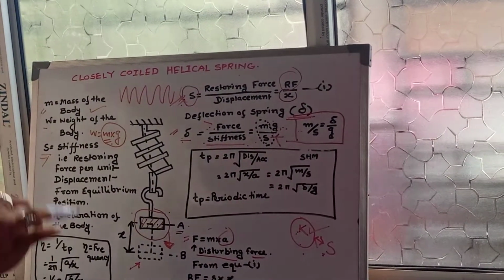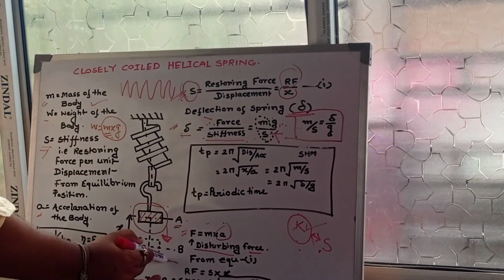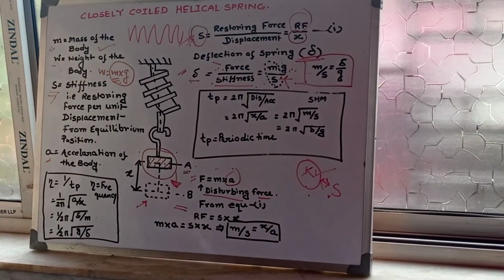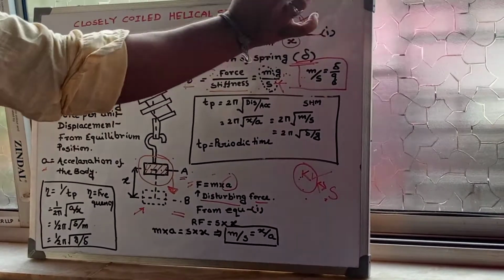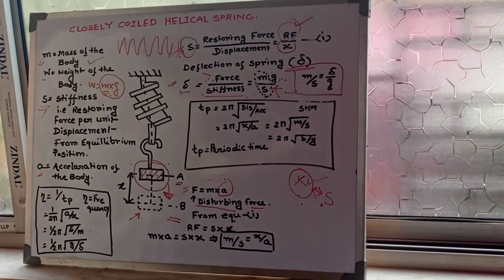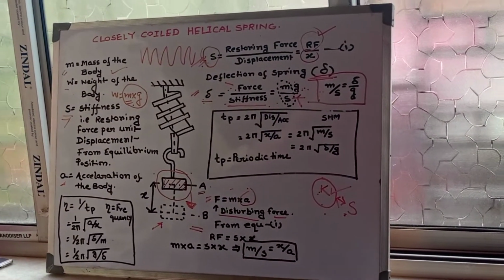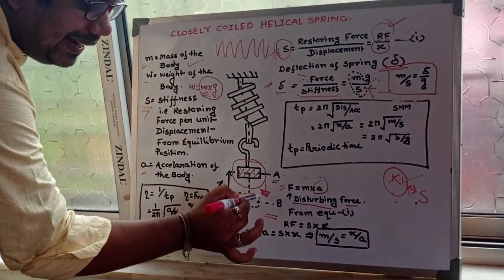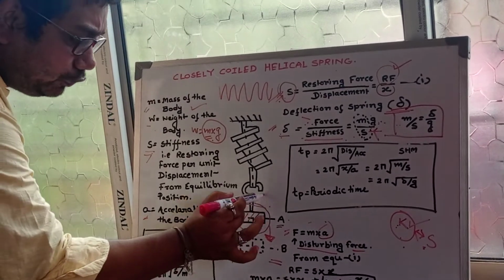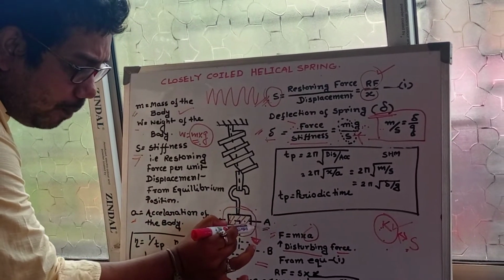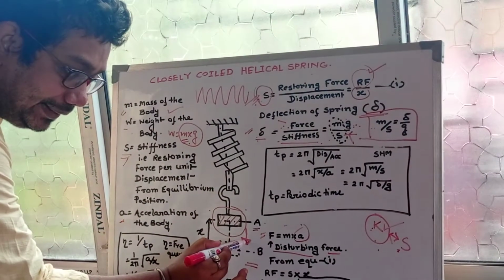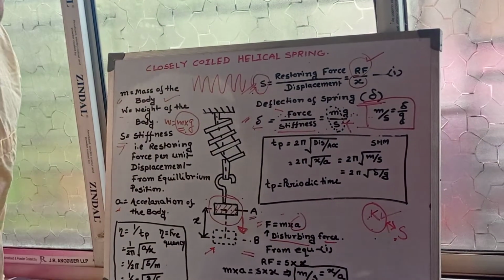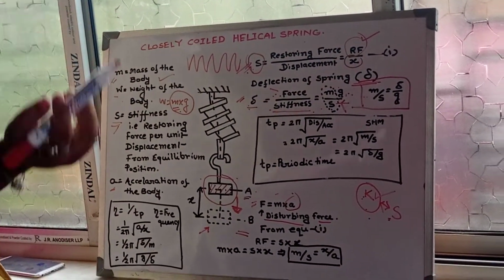Now there are a few more equations. For example, if you want to find out the restoring force, how can you find out the restoring force? Restoring force is how much load you applied here. Just carefully see this area. How much load you applied here, the body will again want to come back to its original position.